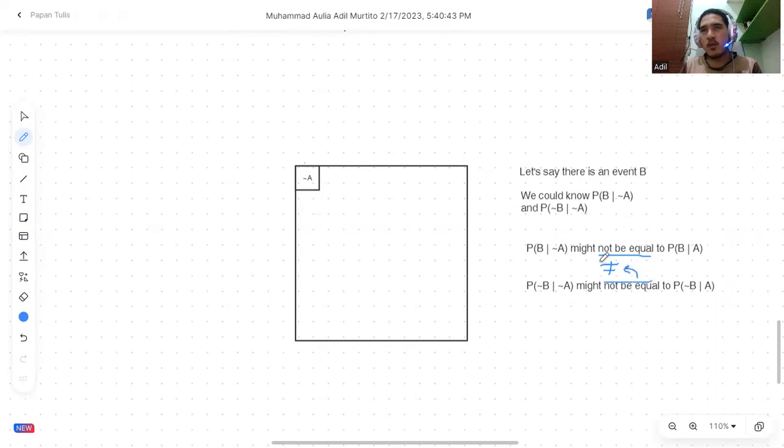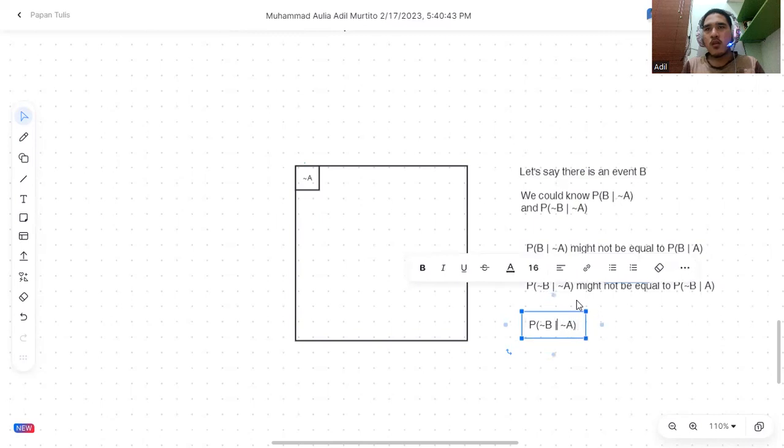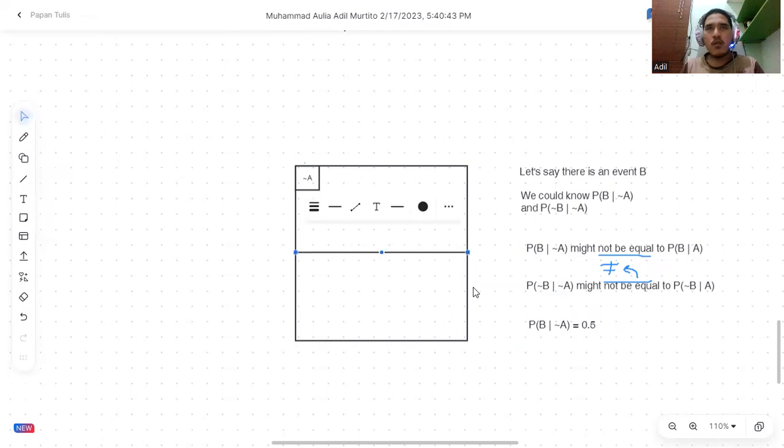But of course, it might also be equal. In this scenario, P(A) is 0.5, so just put it in the middle of the square.